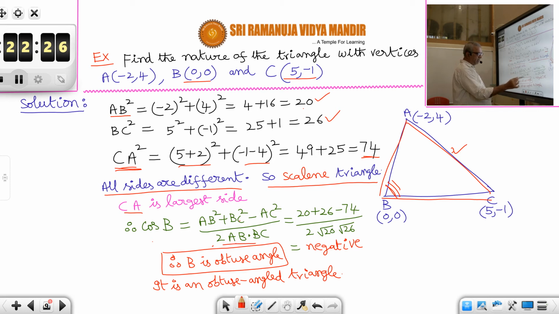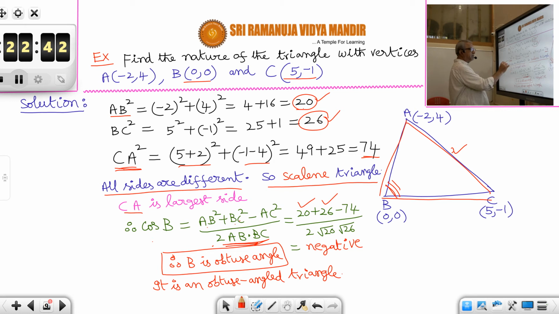In this we need not calculate the denominator. The denominator is anyhow positive, so it is enough if you calculate the numerator. AB square is 20, already we have calculated. BC square is how much? 26. Put it here.